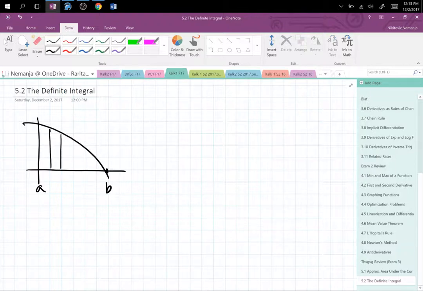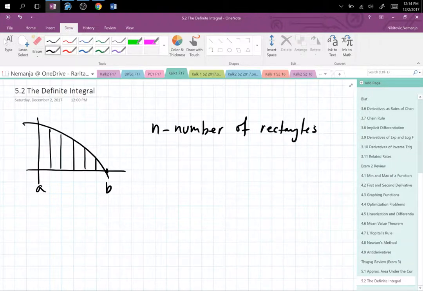and we said that we partition, and we had some n number of rectangles, and we do left to right sum. And then we said for greater precision we put in even more rectangles, and if we are not happy with that, what do we do?